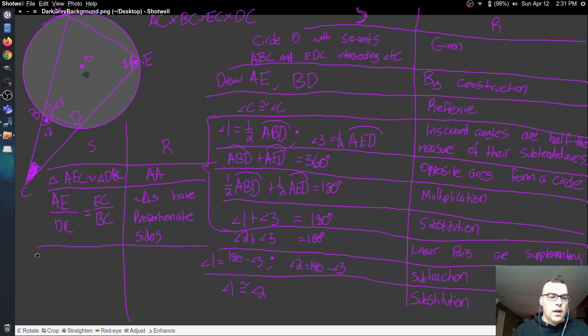Now let's cross multiply. Oh, did I mean AE when I wrote AE before? No, I meant AC. Oop, that's a mistake. Let's change that now. Yeah, AC. This triangle's big side over the small triangle's big side is equal to EC, being the big triangle's intermediate side, over the other one's.